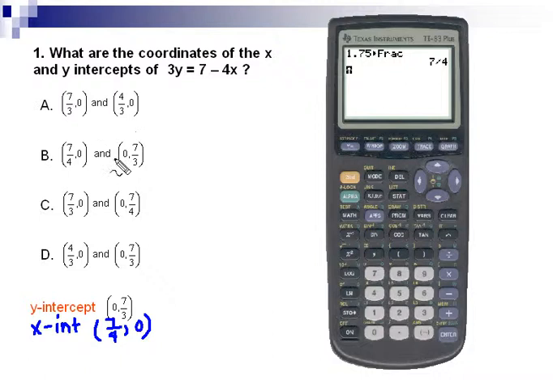The correct answer for this problem is B. But the other answer choices each are very close to what we're looking for. That is why it was important that we found both the y and x-intercept before selecting our answer.